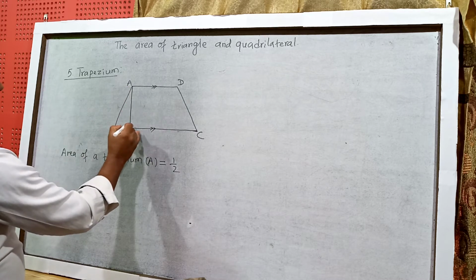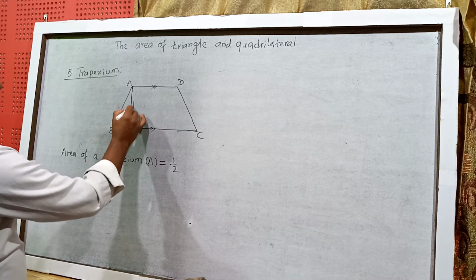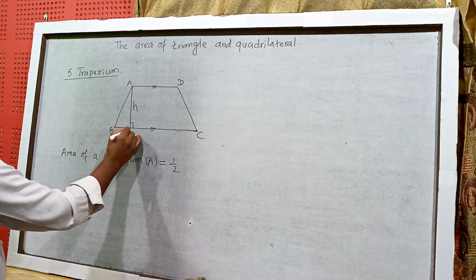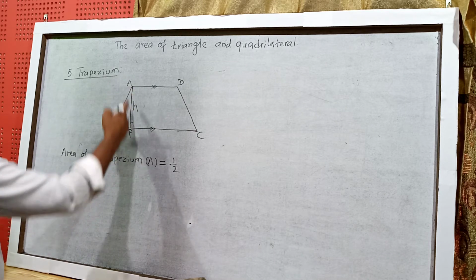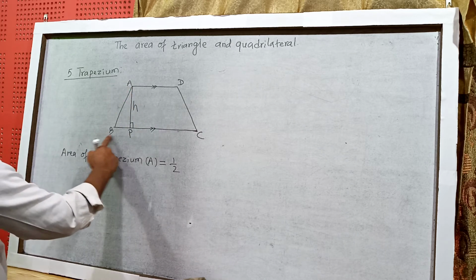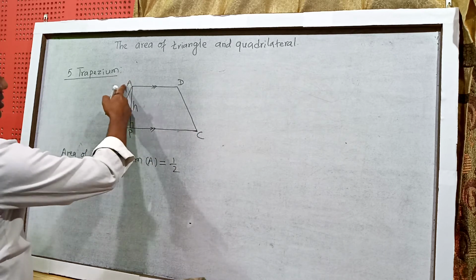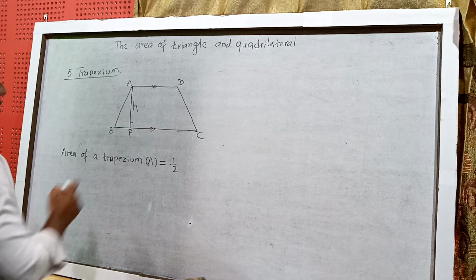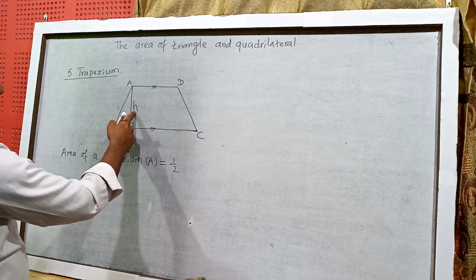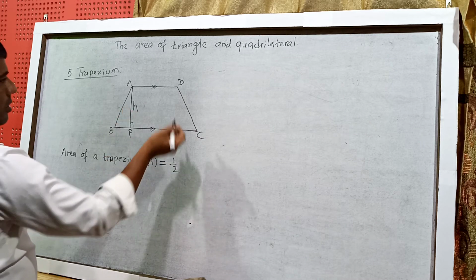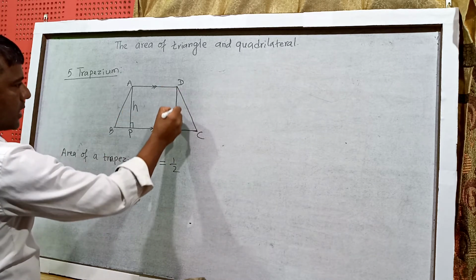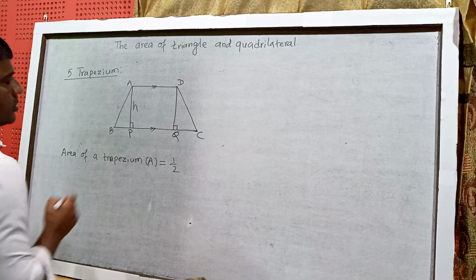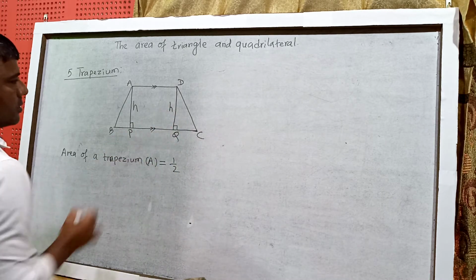This is the height of this trapezium, this h, because AP is perpendicular from A to the side BC. This A is on this side AD, and AD and BC are the parallel lines. So AP becomes the height. This is the height, or this can also be the height of this trapezium. Let's say it is DQ. It is also the height.